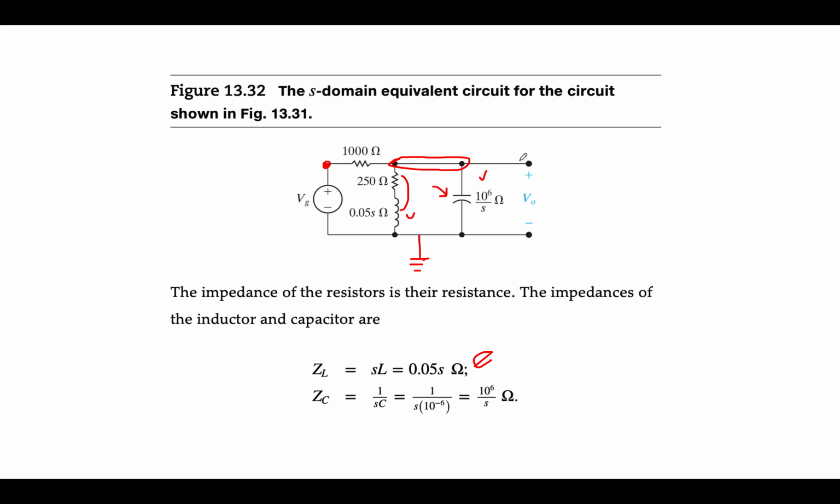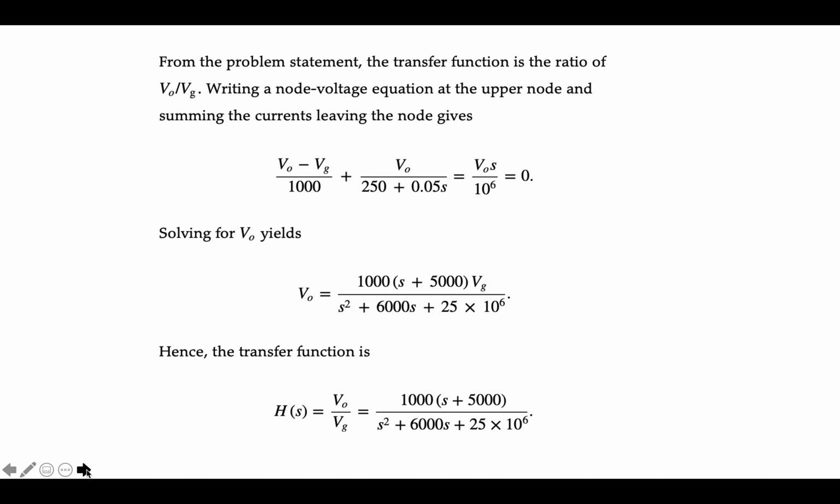Now then, this node voltage is V0, this node voltage is VG, and so you can write a single equation, a node voltage equation that's going to put your, at this node, that's going to put your output voltage in terms of your input voltage really easily. So that's shown on the next slide.